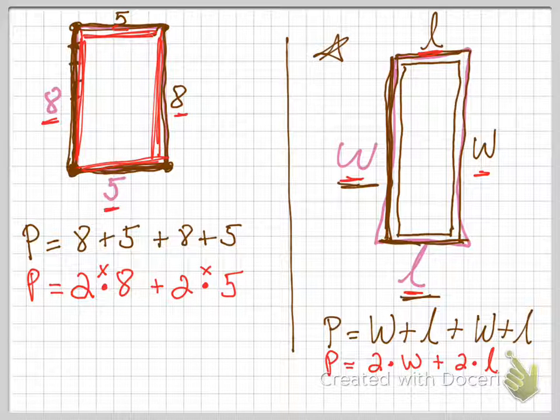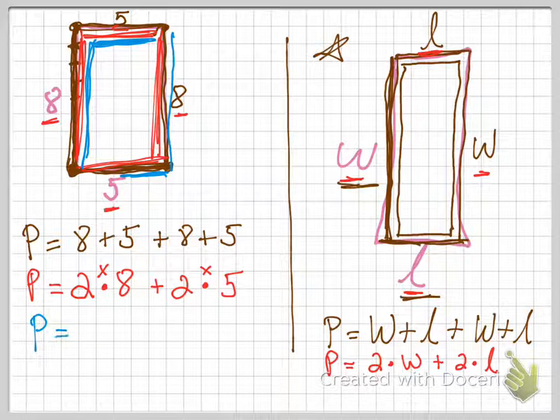All right, the next formula that we could use, and this is the one that this lesson really wants you to focus on, would be that over here we've got one side that is 8, and we have another side that is 5. So if you notice, over here it's the same thing. We've got an 8 on this side and a 5 on this side. So we could actually have our formula look like this.